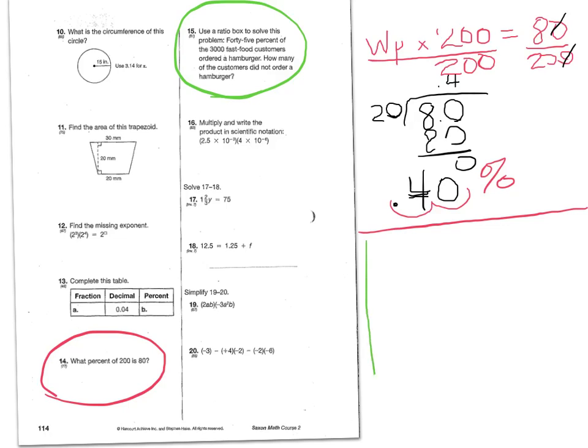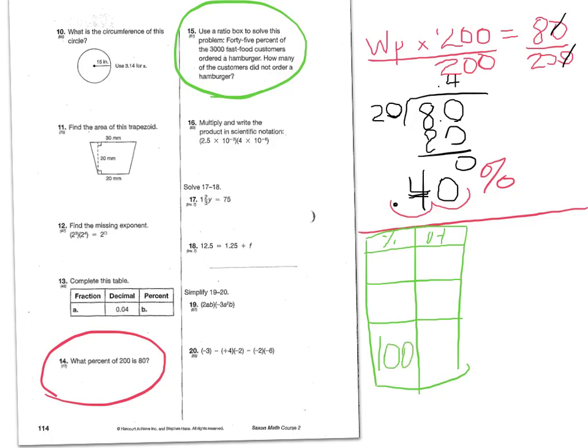Now, we're going to take a look at number 15. Number 15 uses a ratio box. In your ratio box, you're going to have your percent, and I'll put A for actual. You'll have 3 parts because you have to have the 2%, and then your total, which of course in the percent column is going to be 100.